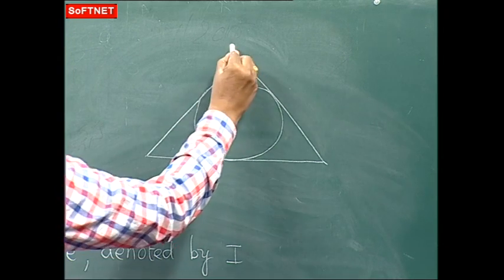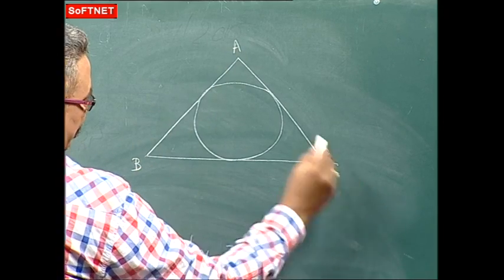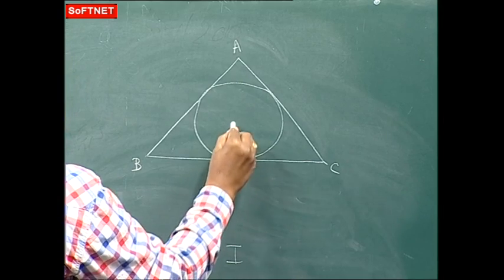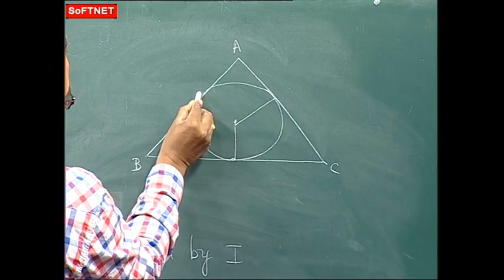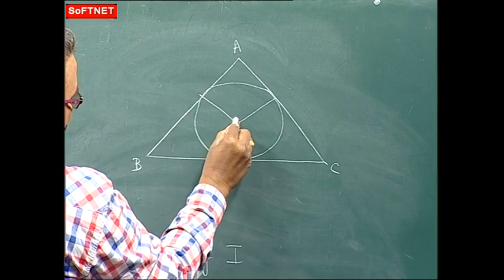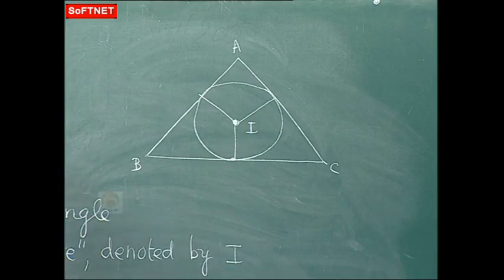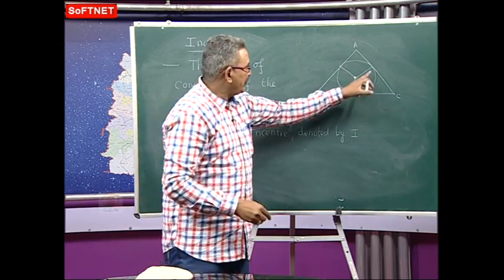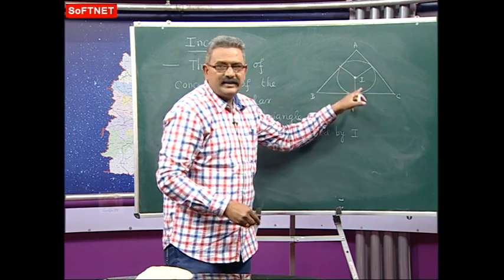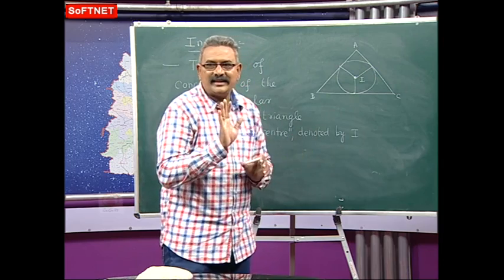Now say A, B, C, and this is known as I. If a circle is inscribed in a triangle, the center of this circle is known as the in-center. This circle is named the in-circle.